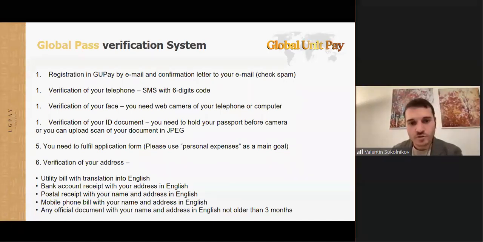You can attach an official document with your full name and address, but it should not be older than 3 months. And we would recommend that it should not be older than 2 months. Therefore, if it has been issued not later than 2 months ago, then you can use it.